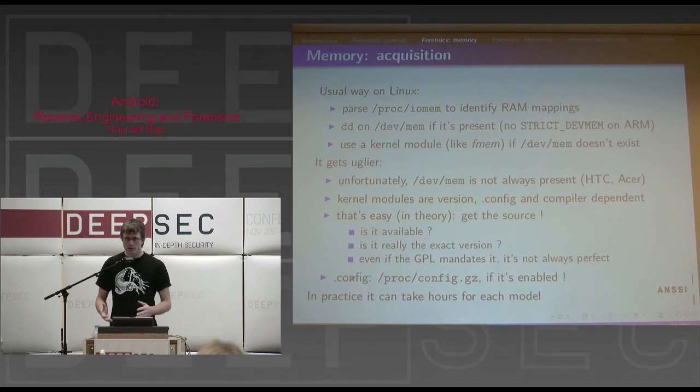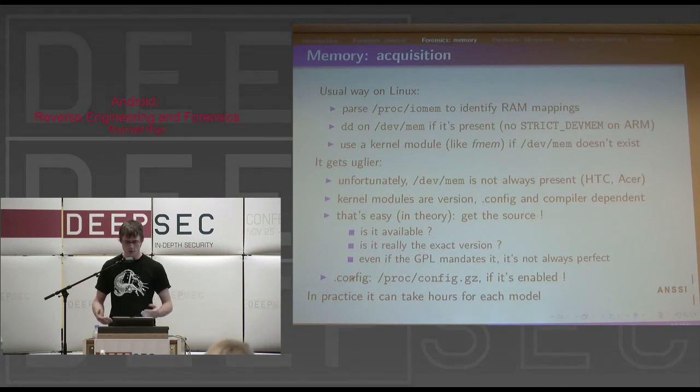In theory that's easy because since the kernel is published under the GPL, you can get the source from the manufacturer and get the configuration, recompile it, and push it to your phone. Well, in reality, it's not that easy because, as I said, carriers customize the Android version to everything. So which version do you need? Do you need the manufacturer version? Do you need the carrier version? Did they change anything? Do you get the right version? Because sometimes they push out updates and you only get the source code release afterwards.